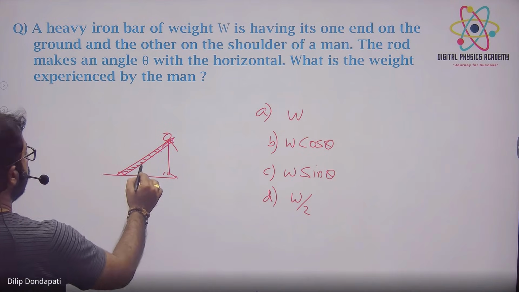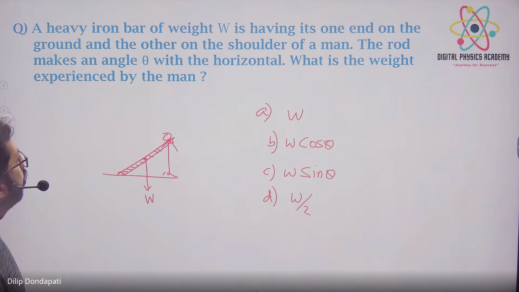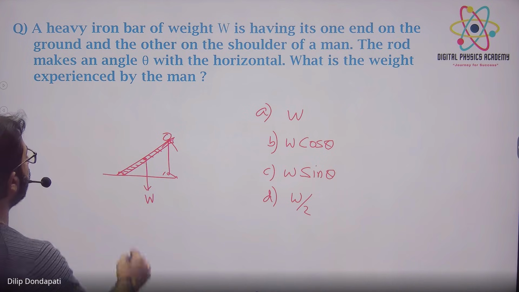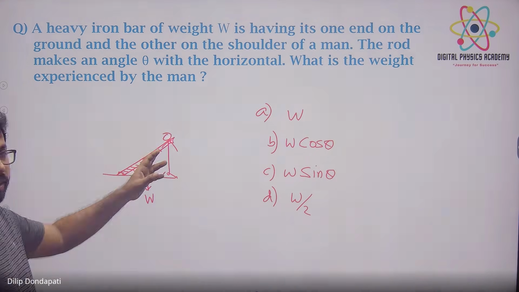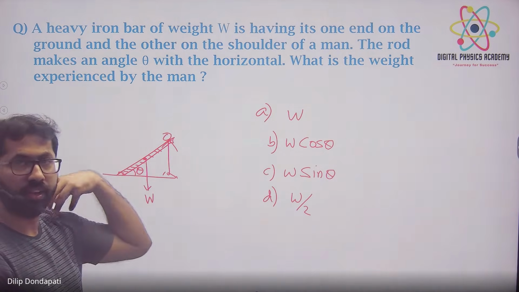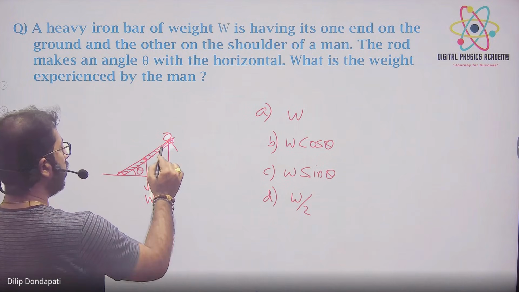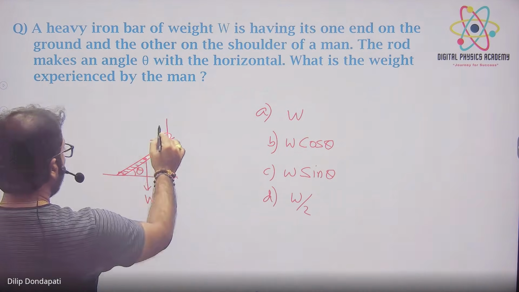Weight is W. The rod makes an angle theta with the horizontal. Just theta is given. He's asking what is the weight experienced by the man. ये कितना weight लग रहा है, मतलब indirectly he's aiming to find the normal reaction, right? एक इस तरफ ऊपर आएगा ना normal reaction.